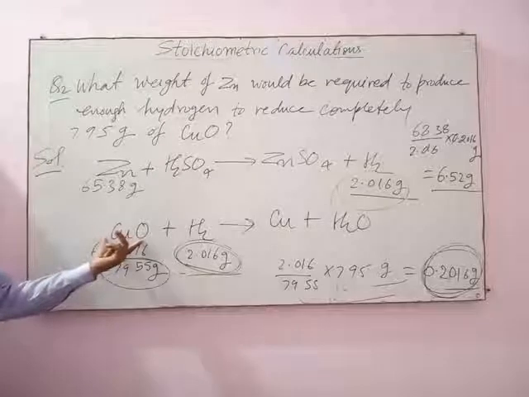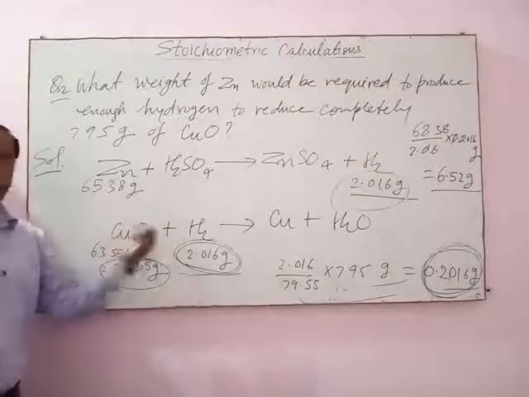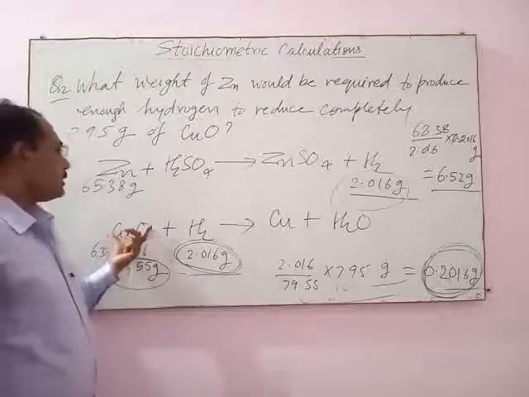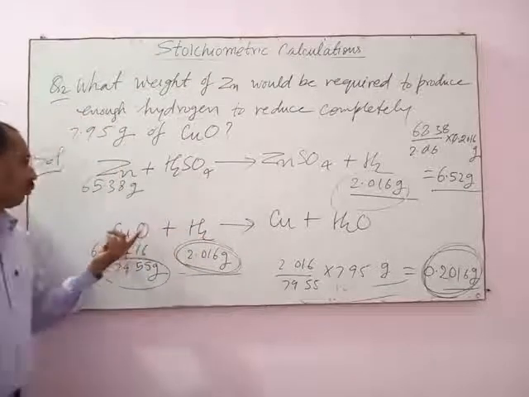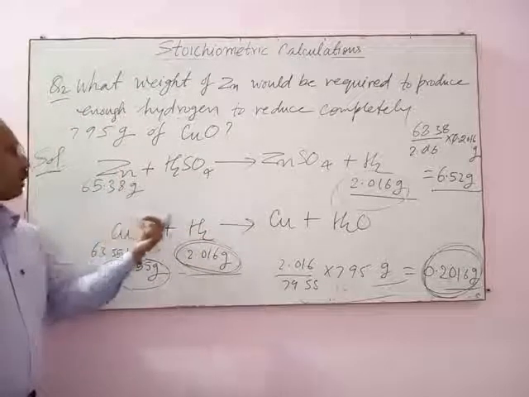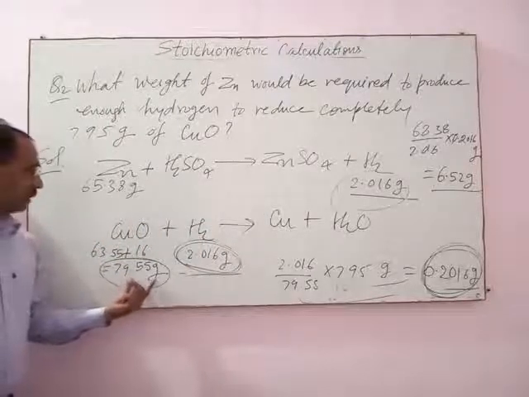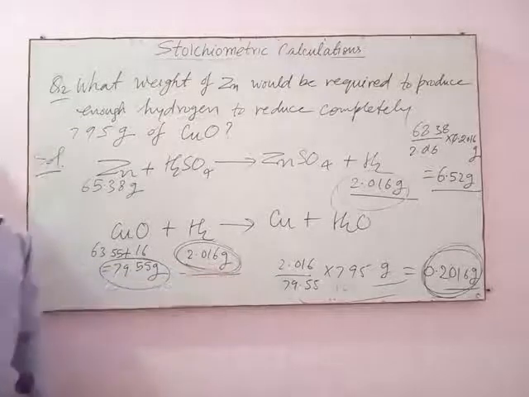And in the next equation, which represents the reduction of copper oxide by hydrogen, 1 molecule of copper oxide requires 1 molecule of hydrogen, or 1 mole of copper oxide requires 1 mole of hydrogen, or 79.55 grams of copper oxide requires 2.016 grams of hydrogen.